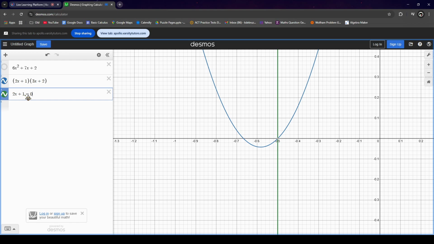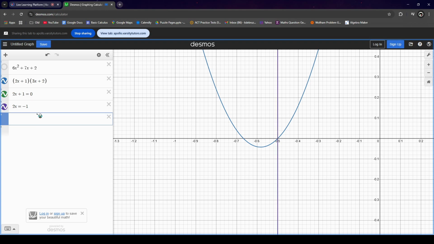Does 2 times 2 plus 1 equal 0? Mm-mm. 2 times 2 plus 1 is 5. It's kind of hard, I guess I can write this out in steps. So we would bring over the 1. So it would be 2x equals negative 1. We would subtract 1, right?